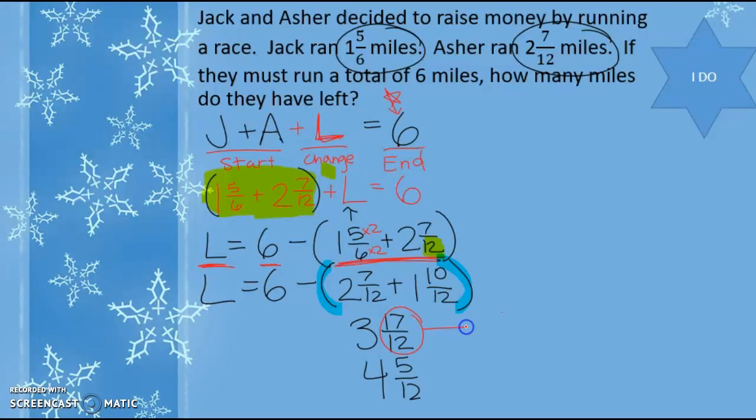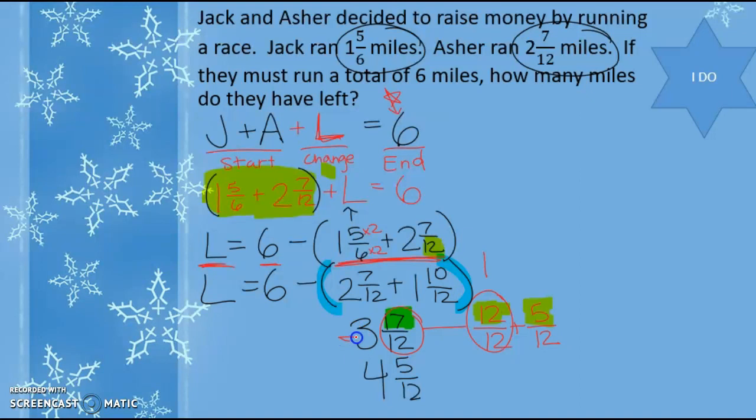Here we have 17 twelfths. 12 twelfths equals a whole. So then we have 5 twelfths left over. Does that make sense? 12 twelfths plus 5 twelfths equals our 17 twelfths. Well, this one is the number 1.